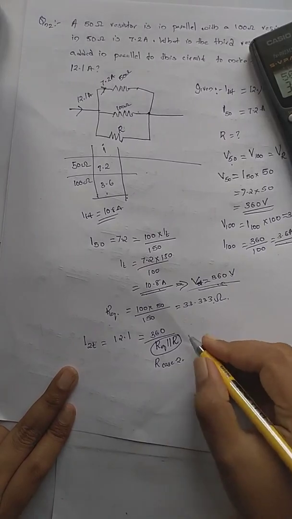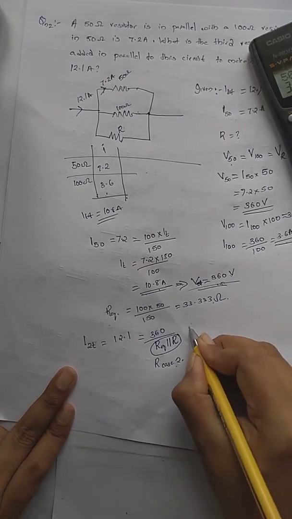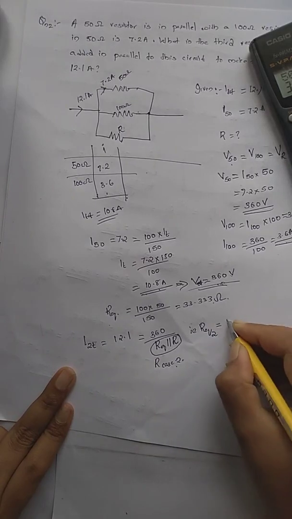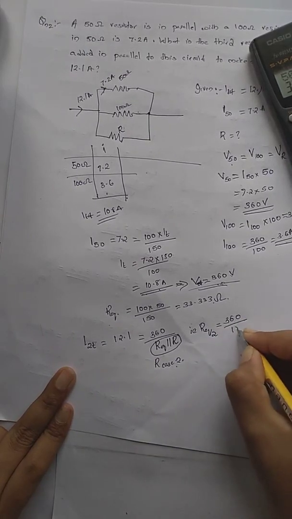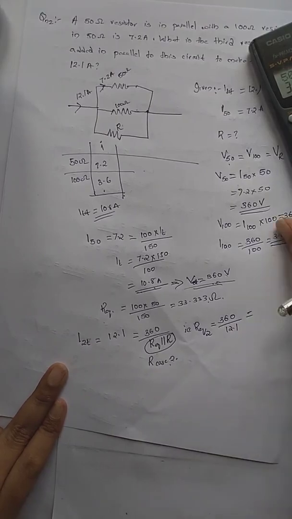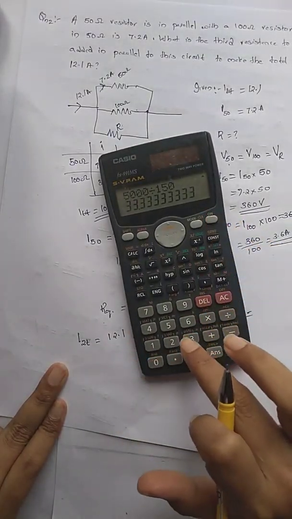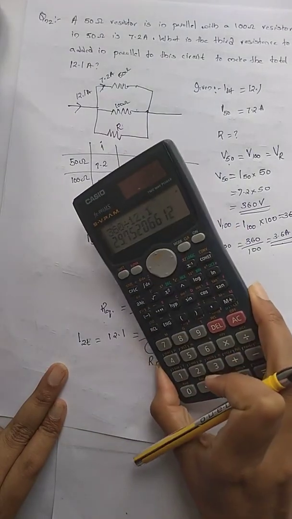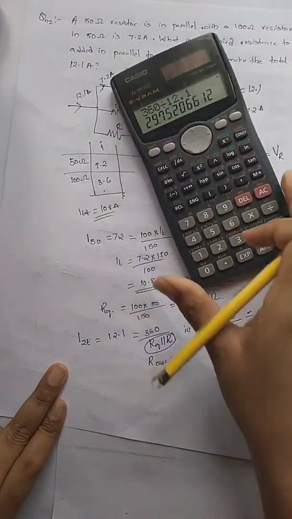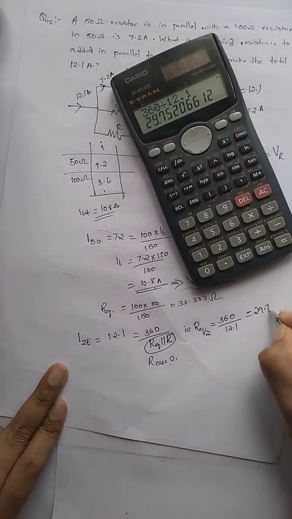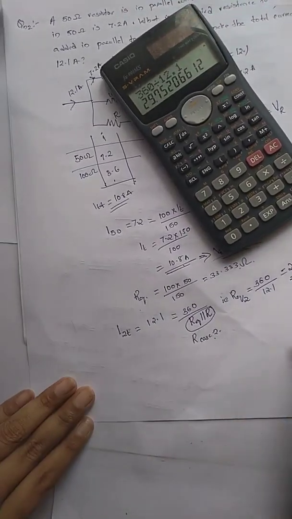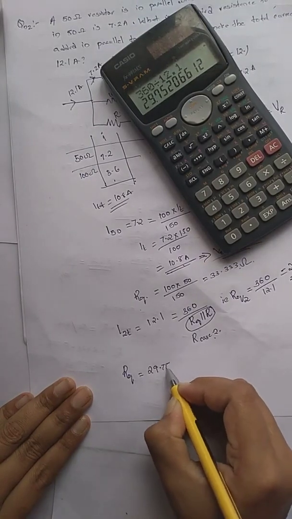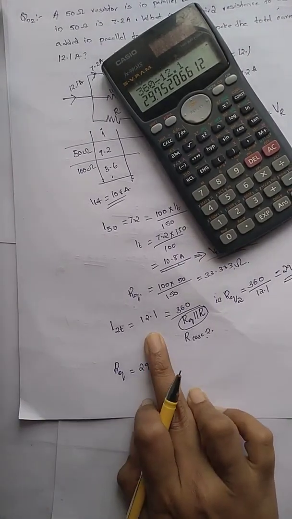So the equivalent resistance in case 2 should be equal to 360 divided by 12.1. What is 360 divided by 12.1? The value is 29.752, that is 29.75. Now the new equivalent resistance should be 29.75. Only then will the current be 12.1.